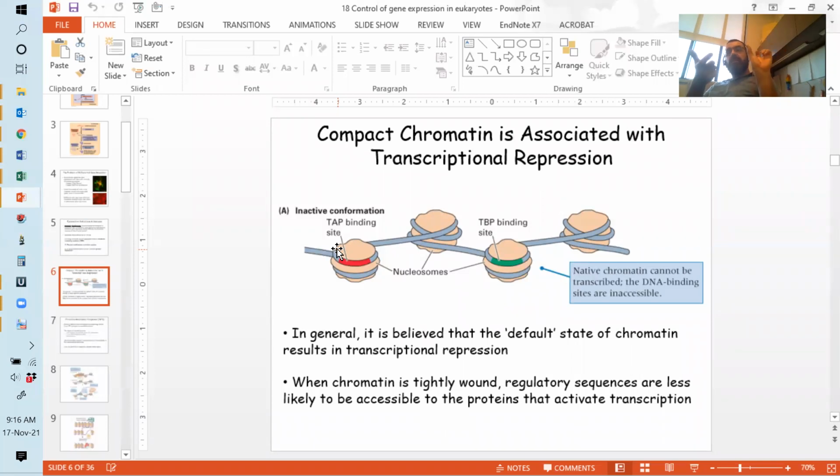If you rotate these histone complexes, that DNA may end up between the nucleosomes rather than wrapped around them. These are three different things that are all carried out by chromatin remodeling complexes.